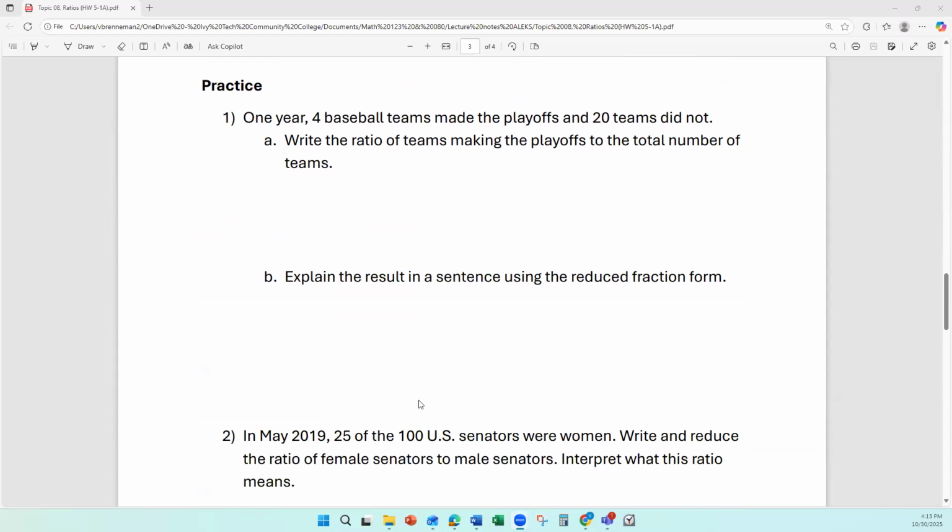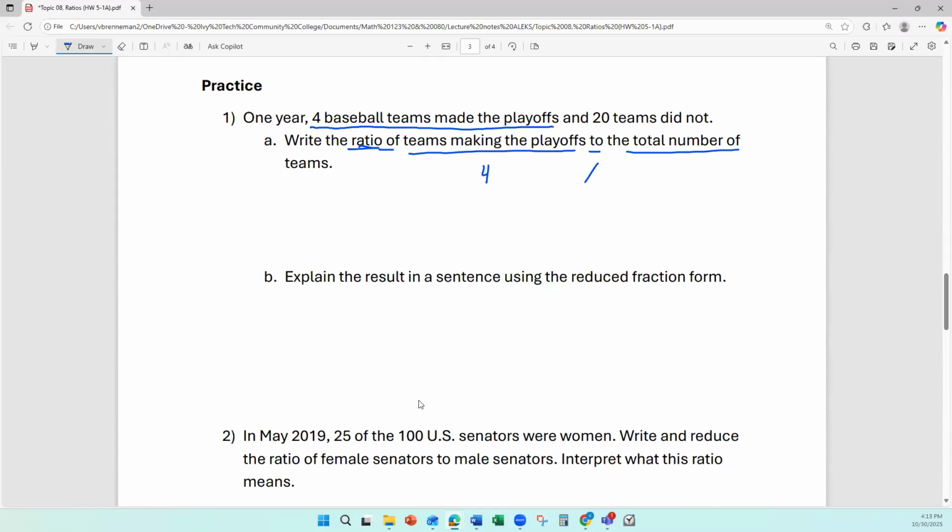So when you see write the ratio, you want to start paying close attention to the ratio of what? Teams making the playoffs to the total number of teams. So I go back and look at my information. Teams making the playoffs. It says 4 baseball teams made the playoffs. So that is 4. Where the word to is where the division goes.